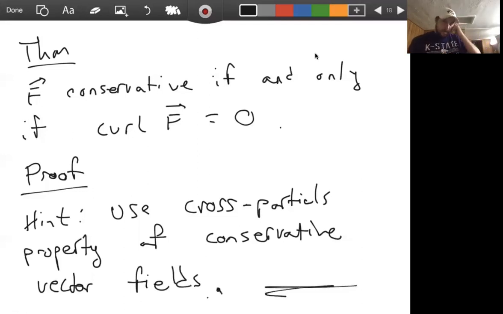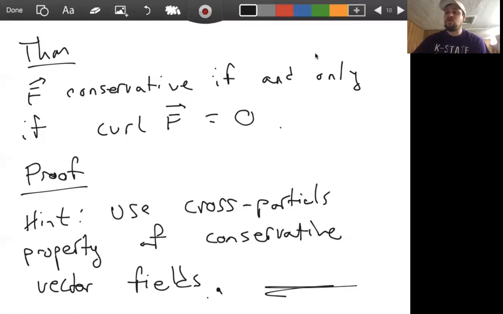Okay, and so try to prove this yourself and see if you can understand why F being conservative means the curl is 0 and why the curl being 0 means that F is conservative. And this concludes everything I wanted to discuss about the divergence and curl.